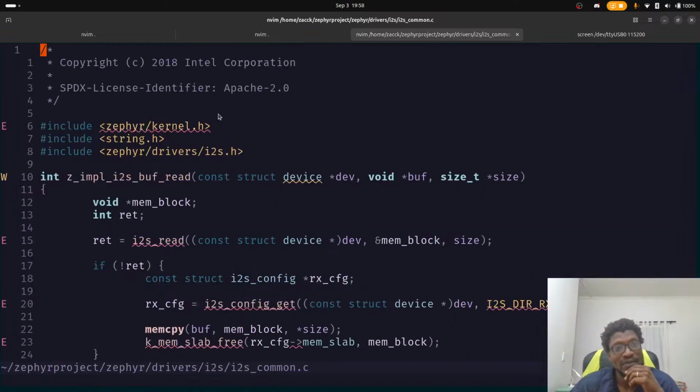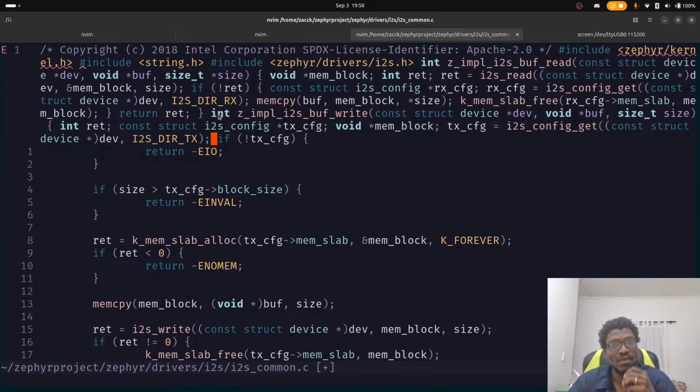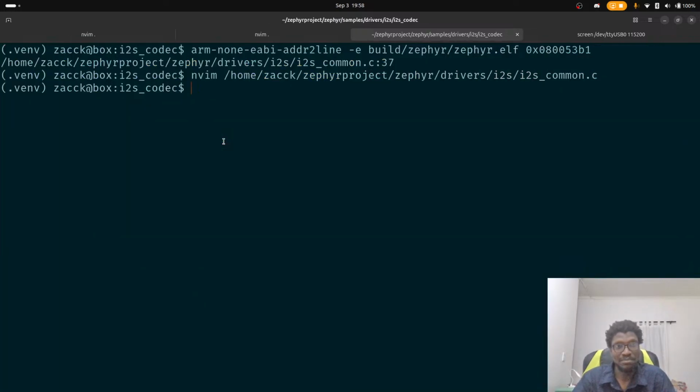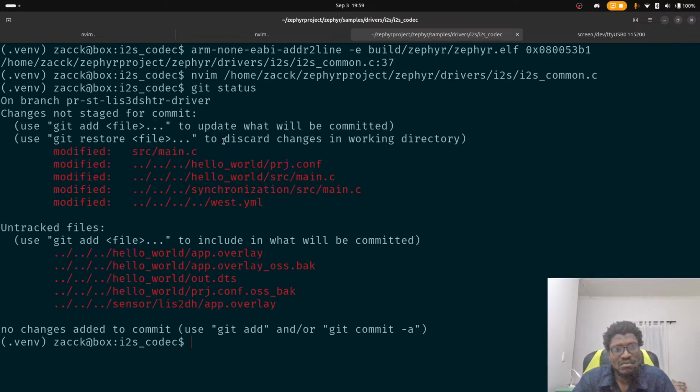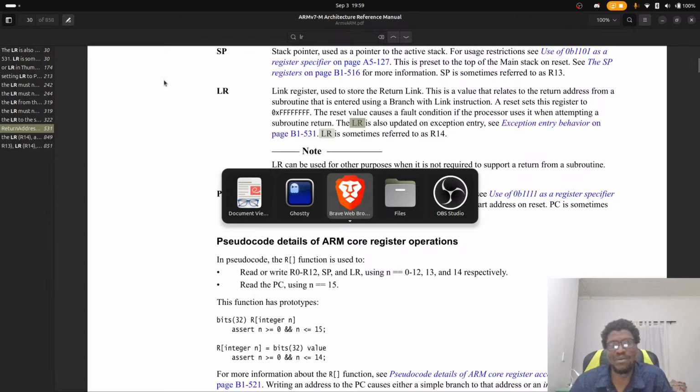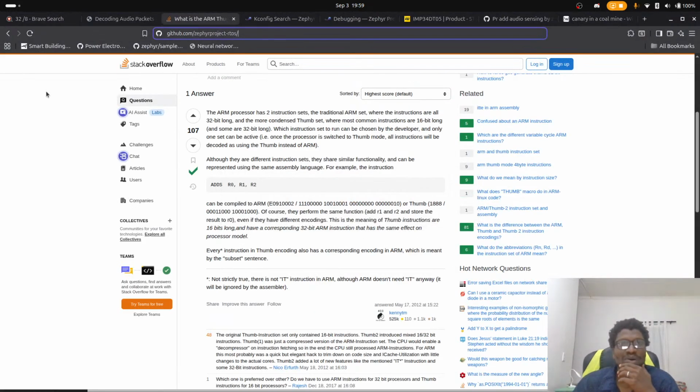Delete the swap file. I2S common. Why do I have it, did I debug this before? I think it was line number 37. I think I've debugged this before. I2S common. No, I'll just leave that file alone. Let us go and look at it from the browser actually.